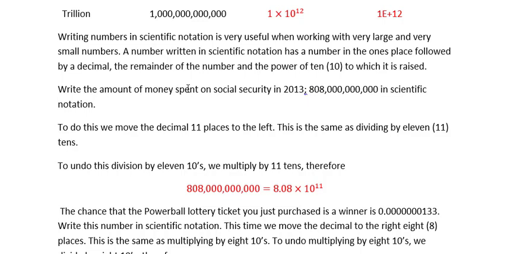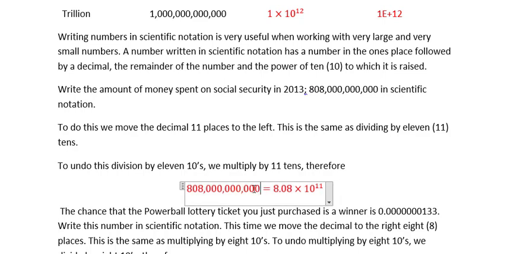So write the amount of money spent on Social Security in 2013, which is 808 followed by 9 zeros. To do this, we move the decimal 11 places to the left. That's the same thing as dividing by 11 tens, and this is from chapter 3. So we start with the number here.